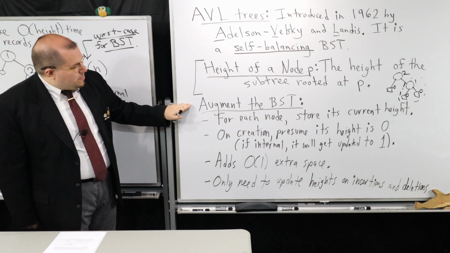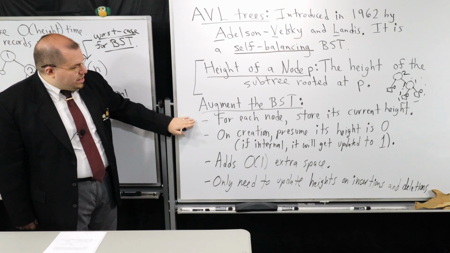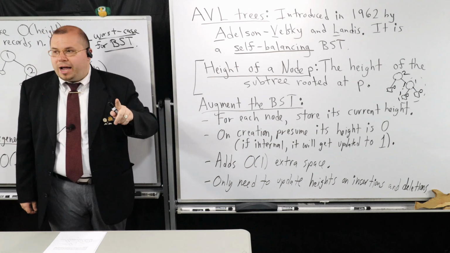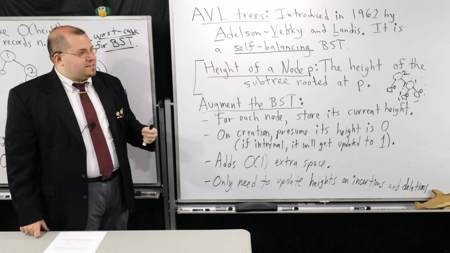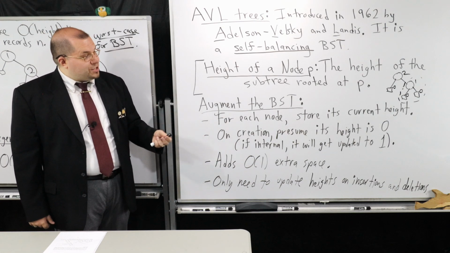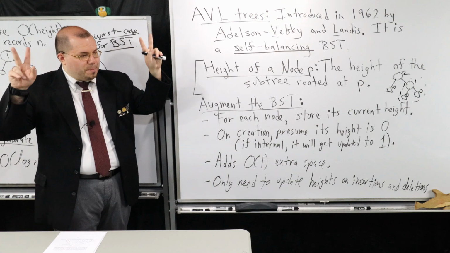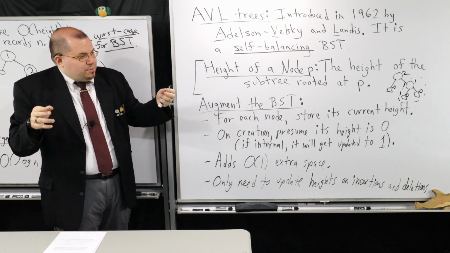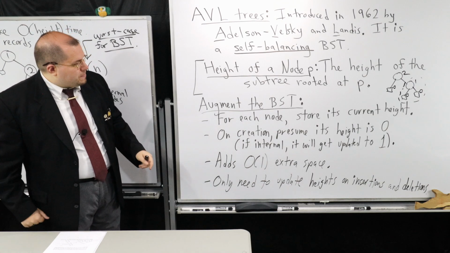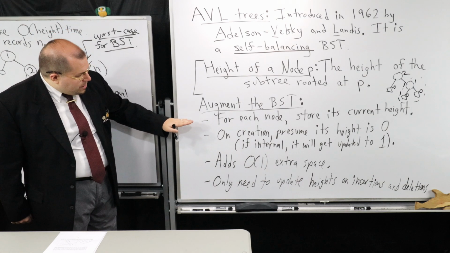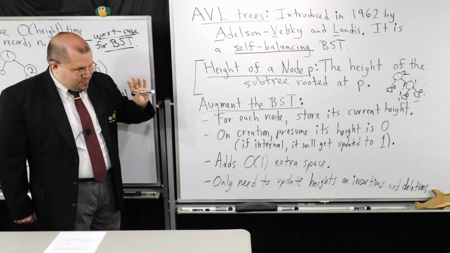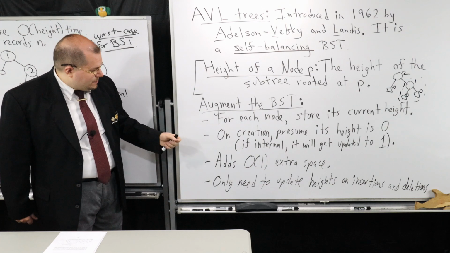So we're going to augment the binary search tree as follows. For each one of the nodes, we're going to store its current height. Now there are ways to optimize this further. For example, some implementations of this data structure will use the idea of a balance factor, which is just a refined version of the same idea. But I'll focus on the idea that we're just going to maintain the current height.